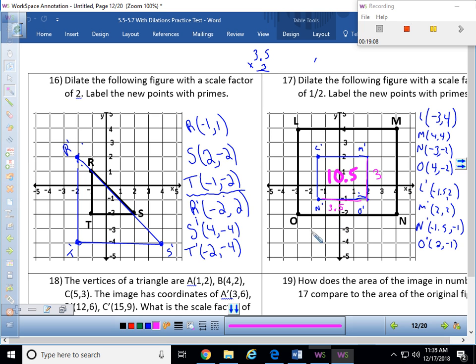Now the area of the bigger one, let's see what that is. That is going to be 1, 2, 3, 4, 5, 6, 7 by 1, 2, 3, 4, 5, 6. So 7 times 6, that's 42. I'll just put it here. Okay? So let's go ahead and make a fraction out of that.